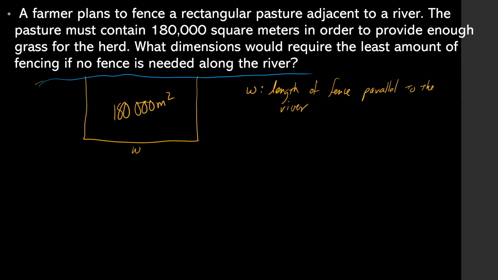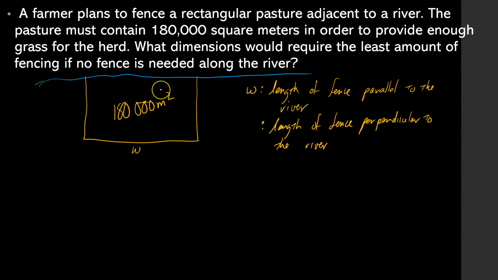So, can you figure out what the other side length is going to be? Well, it means the length of fence perpendicular to the river. And what's that going to be?